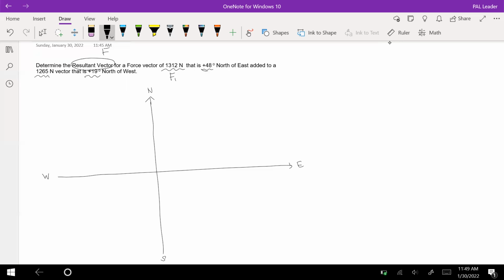The first force F1 is positive 48 degrees. If east is 0 and north is 90, positive 48 is going to be somewhere like this. Now, if you've been watching my vector videos, I think you can notice that I have two ways of thinking about them.